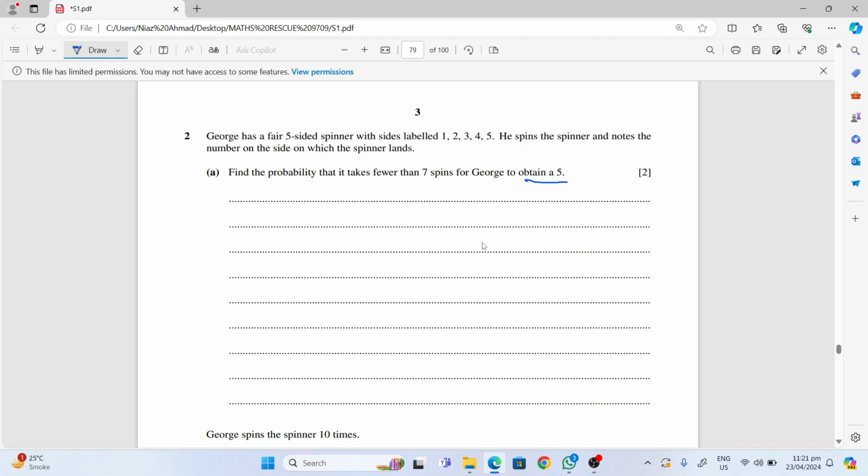When the experiment is repeated until success occurs, it's geometric, and fewer than 7. If you want the probability that x is less than 7, the formula says 1 minus q to the power 6.